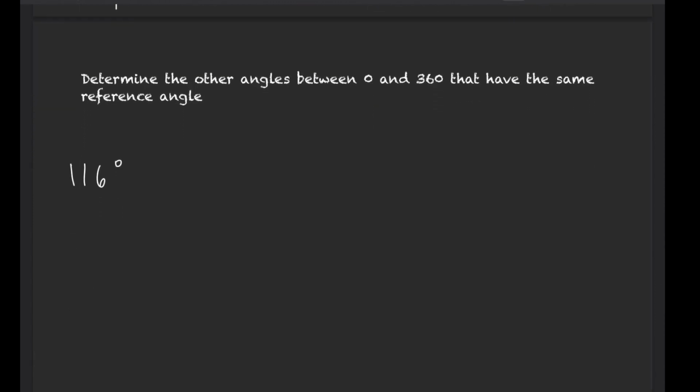Okay, so let's try this example. Determine the other angles between 0 and 360 degrees that have the same reference angle. Okay, so let's draw this. So 116 degrees is right here, roughly. And we know that the reference angle would be this area right here.